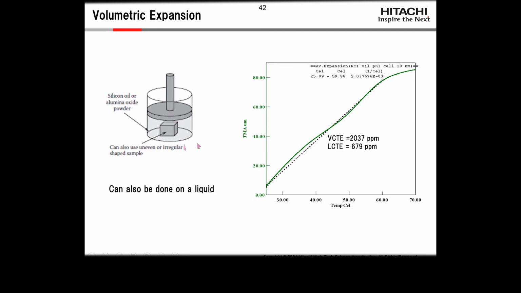And then from that, we can get a volumetric expansion. And then we just have to divide by 3 to get the linear expansion. So here we are measuring the volumetric expansion of a piece of material buried in aluminum oxide. And in that case, I would measure my aluminum oxide expansion first and subtract it.